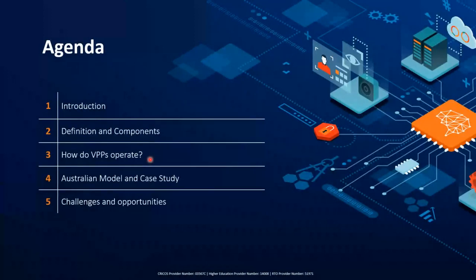Here we discuss how VPPs operate physically and also financially, and what benefits they offer to the participants. Then a case study will be shared. The case study is about the largest VPP project implemented here in Australia. And finally, opportunities and challenges facing VPP.